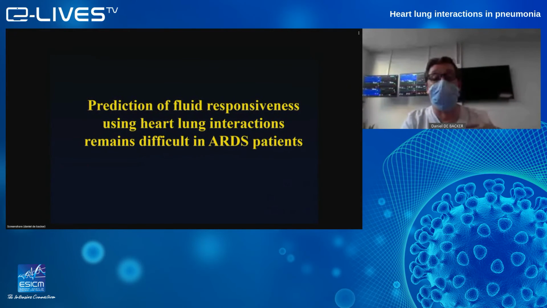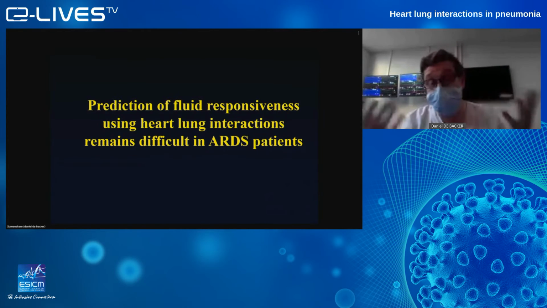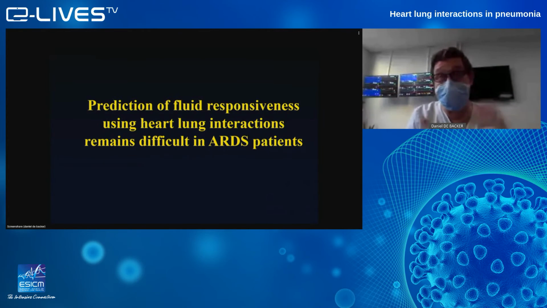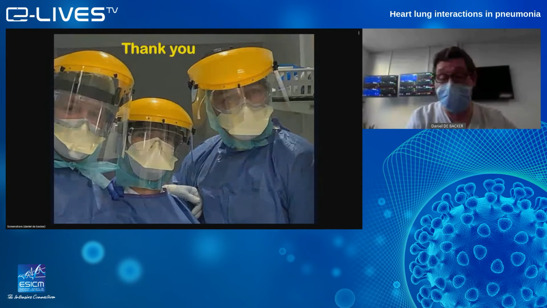So the prediction of fluid responsiveness using heart-lung interactions remains difficult in ARDS patients because of the specific ventilatory settings that we apply and the incidence of acute cor pulmonale of at least 20% in many of these patients. With this, I thank you very much for your attention.